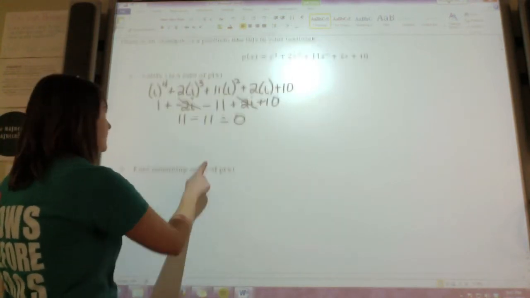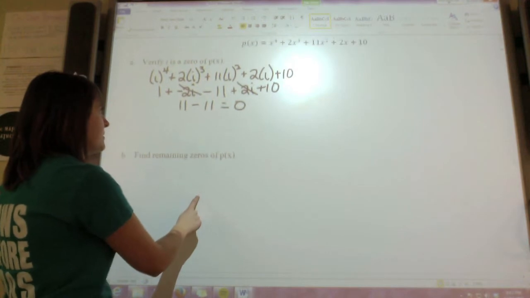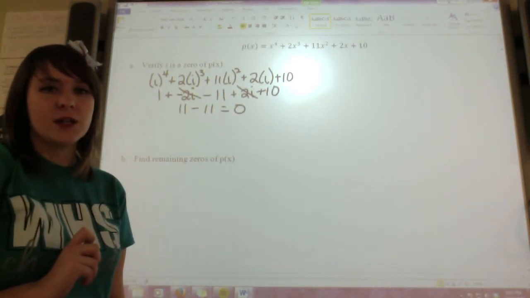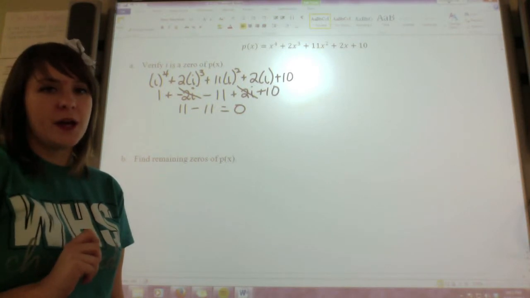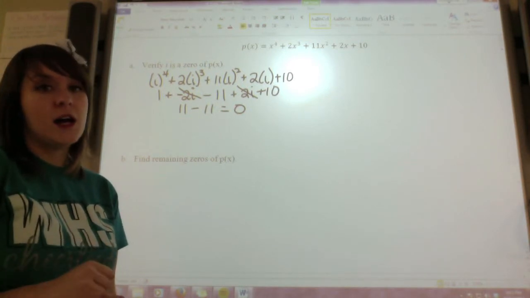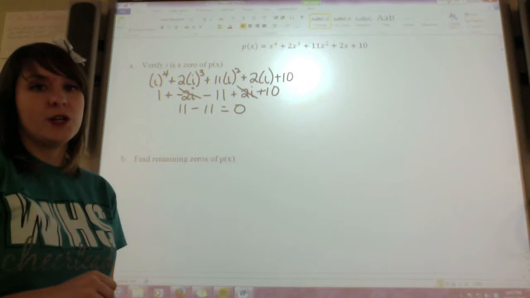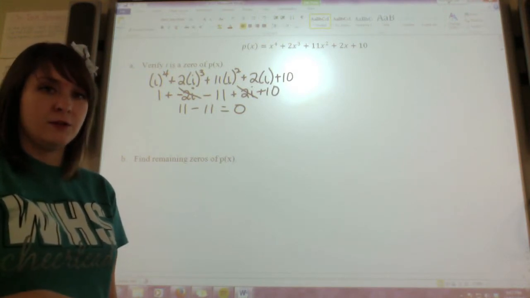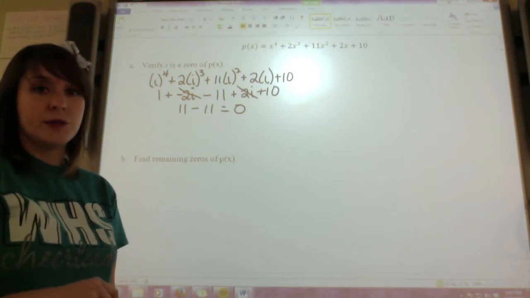So now I want to find the remaining zeros of p of x. Well, this is where your complex conjugates theorem is going to come into play, because I already know that i is a solution to this equation. Therefore, I know that the complex conjugate of i, which would be negative i, is also going to be a 0.